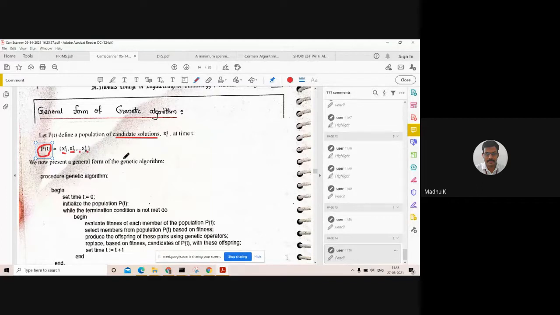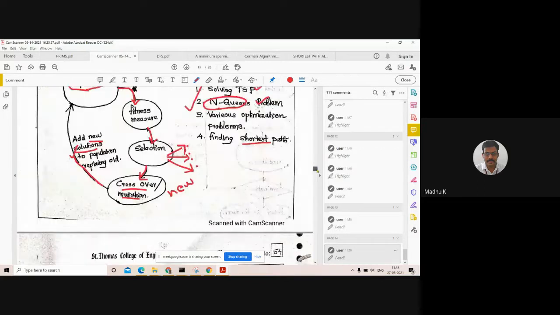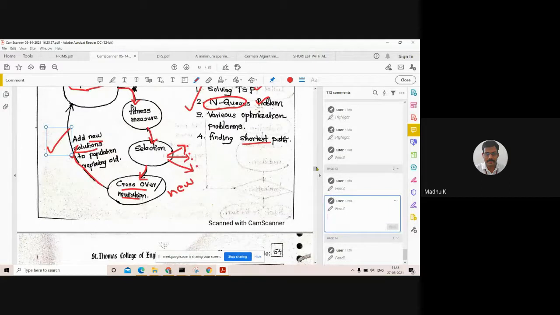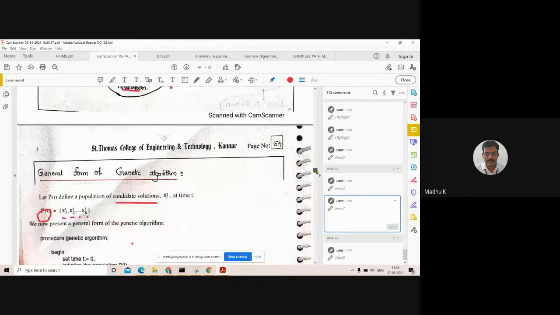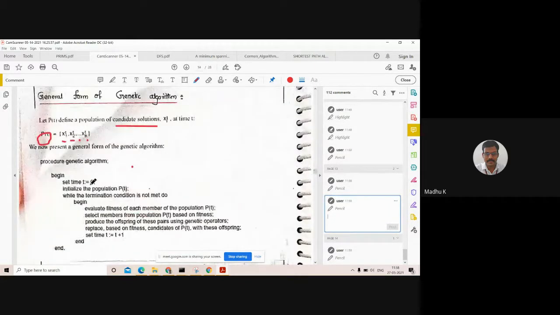Now, what does the genetic algorithm mean? We want to apply the same concept in an algorithm format. So we will set a time, time equal to 0.